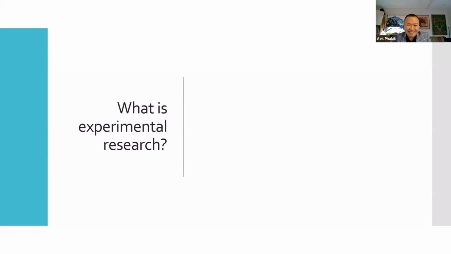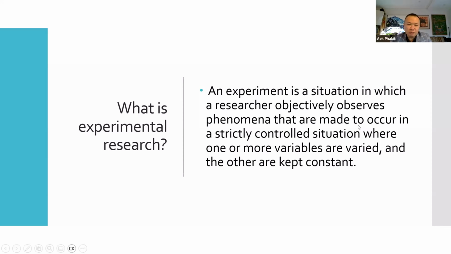Okay. So as you can see, what we discussed so far, experimental research is really a situation in which you, the researcher, objectively observe a phenomenon that you really want to learn about, the cause and effect, right? So then you can strictly control the situation.